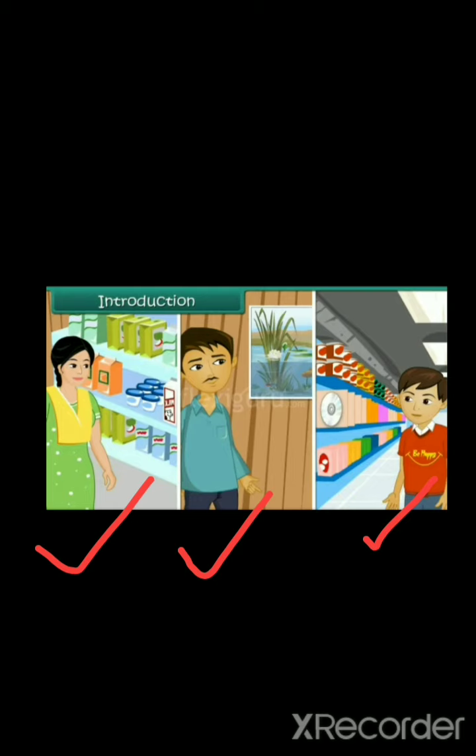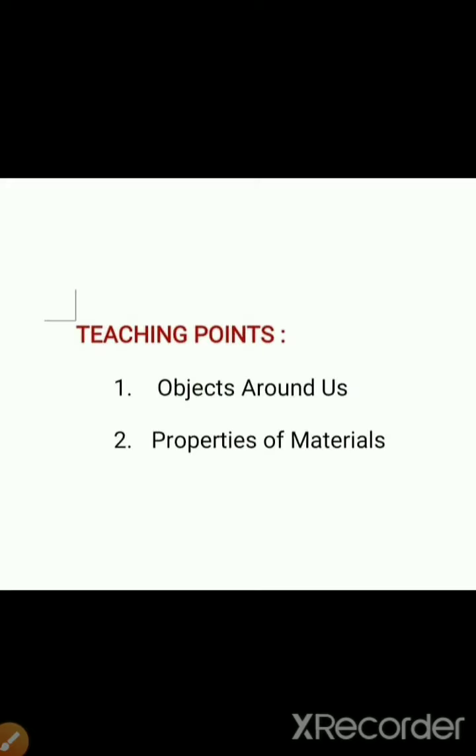Because all the objects in the store are categorized into different sections according to their types. Such organization is convenient and leads to better management. So, in this lesson, we will learn in detail about the classification of materials. Let's start our chapter.